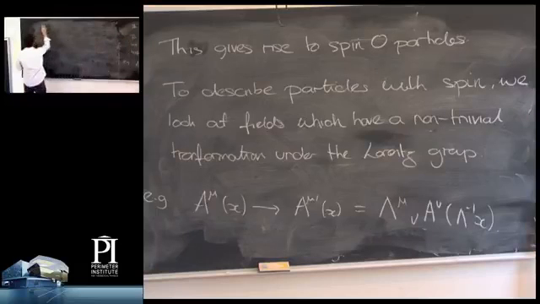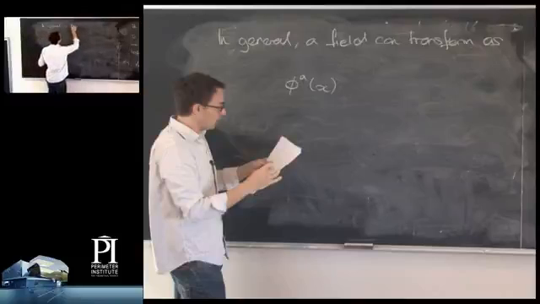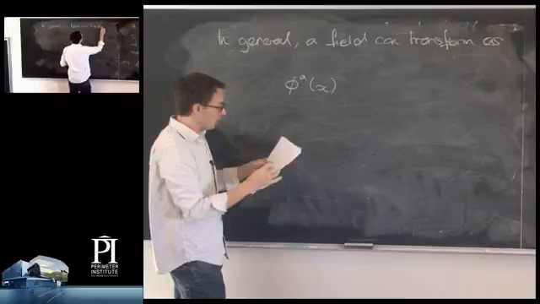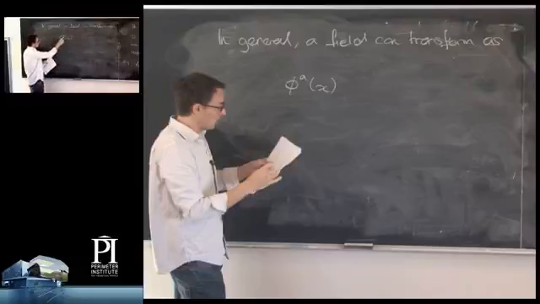So in general, a field can transform in the following way. You have a whole collection of fields, labeled by some index A that runs from 1 to some unknown number.